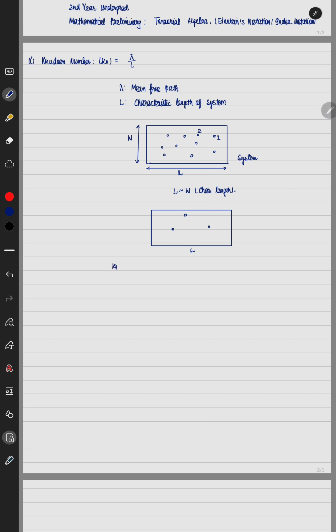So if the Knudsen number is very small, this implies the system is densely packed. And if the Knudsen number is large, then the system is rarefied.